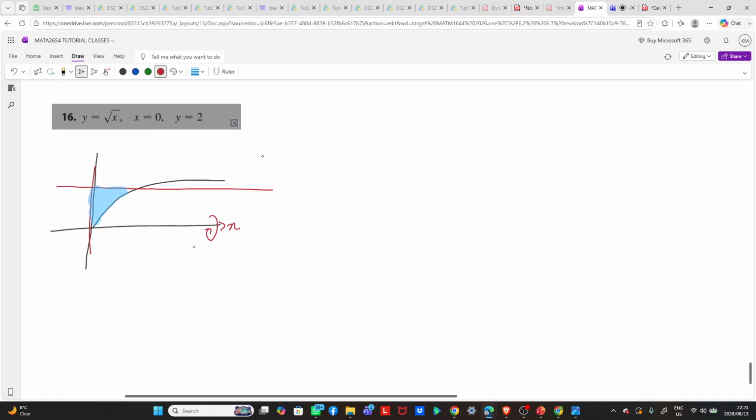If we are rotating about the x-axis, we find our volume defined by the integral from a to b of 2 pi r times f of y dy, integrating in terms of y. Since we are at the x-axis, our r will be y.